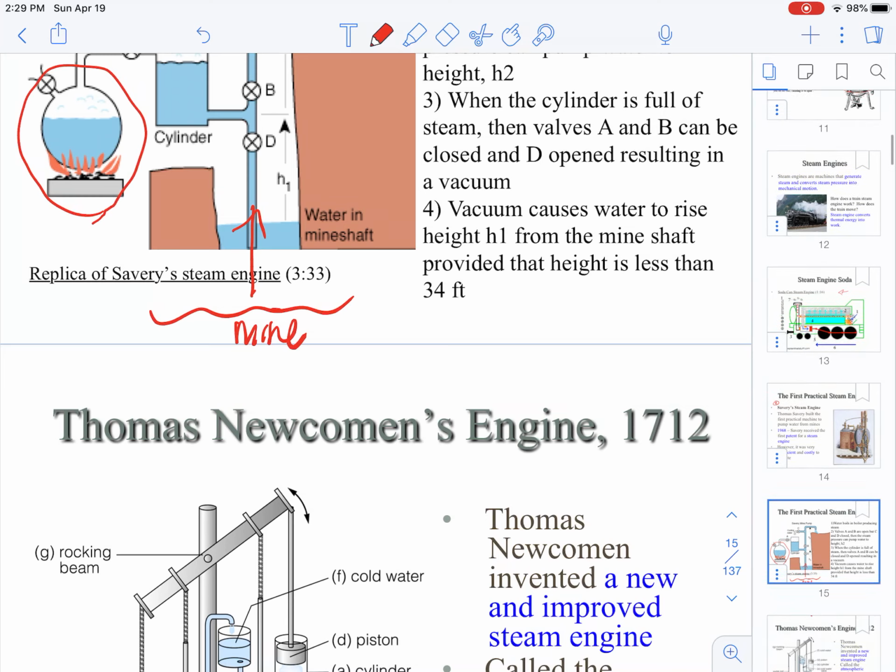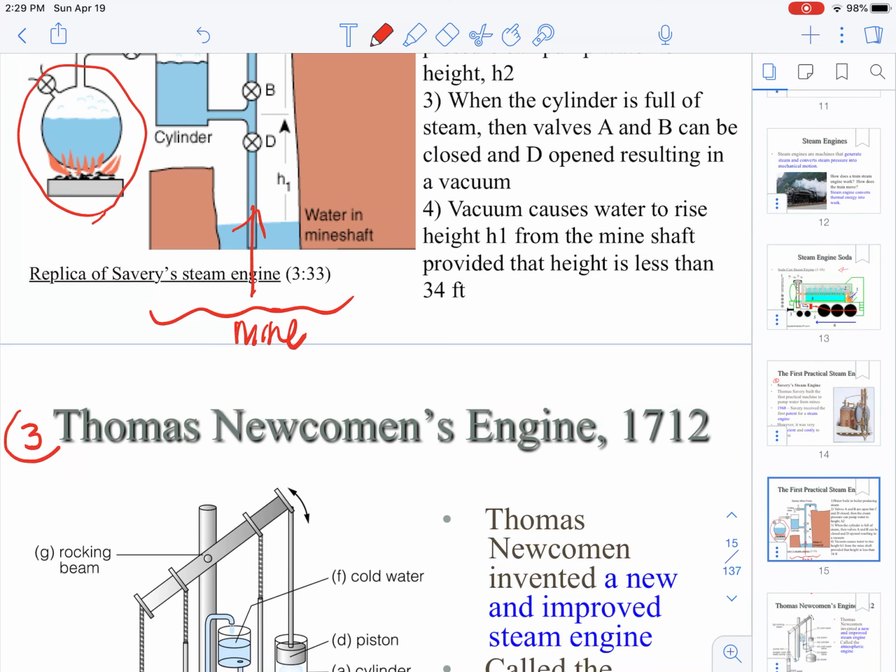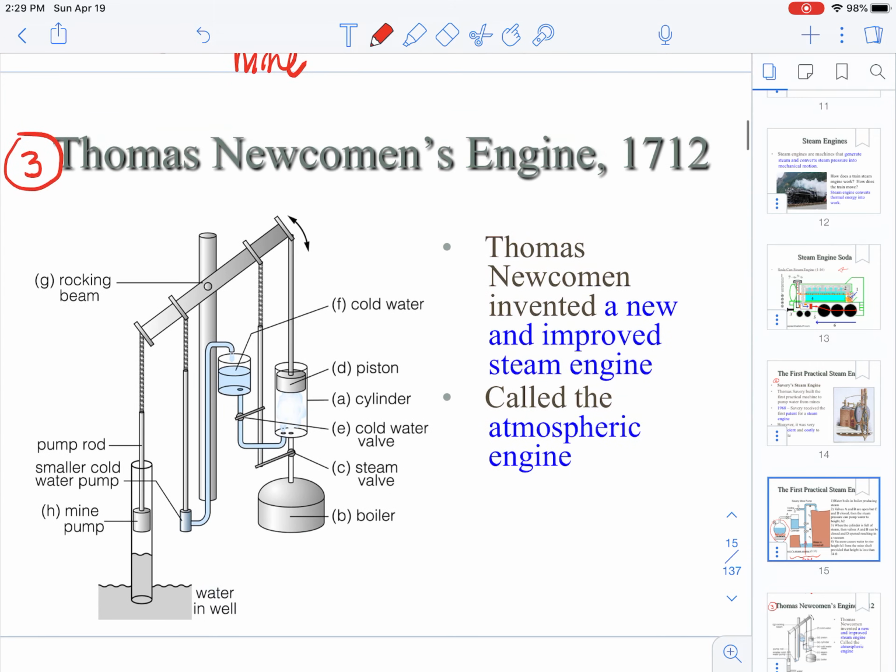So Newcomen's engine, inventor number 3, is where the steam engine had a little improvement where they could heat and cool a cylinder and then use that to pump the water out of the mine.